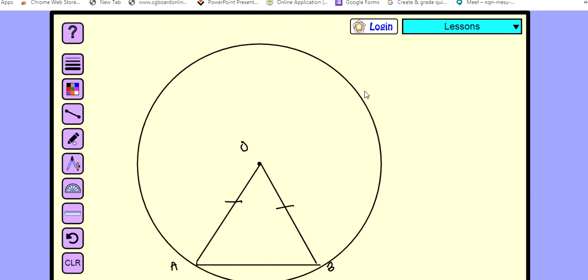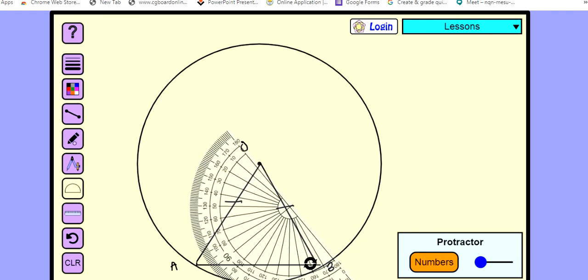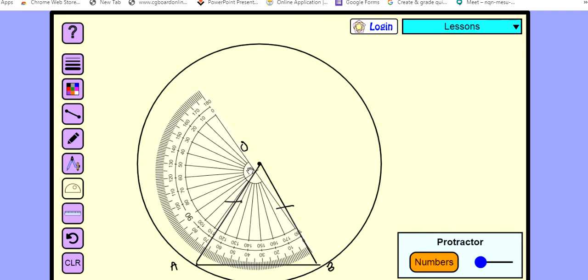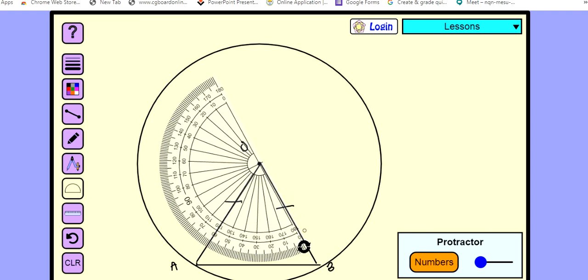Then write the measures of angle AOB. So you have to measure this AOB. So simply place the protractor here and this is your baseline and 0 will start from here. So your AOB is 60 degree here.